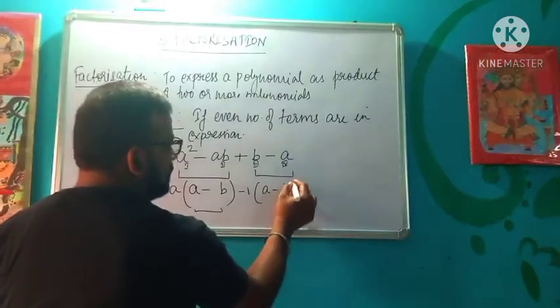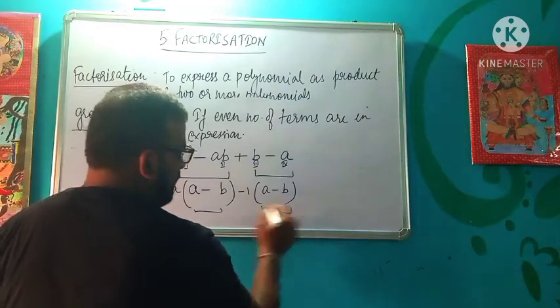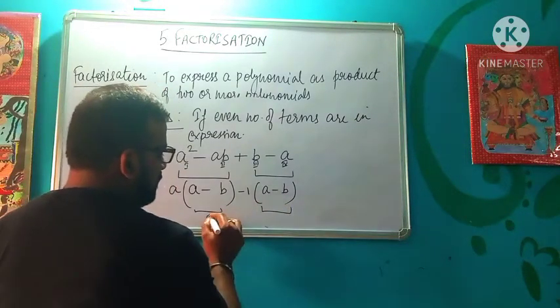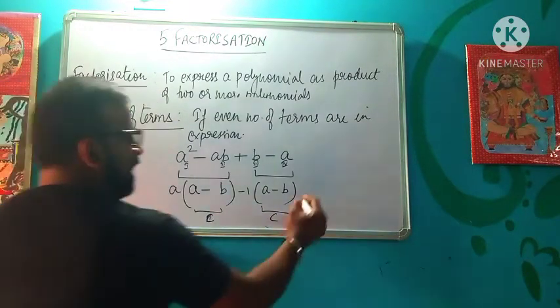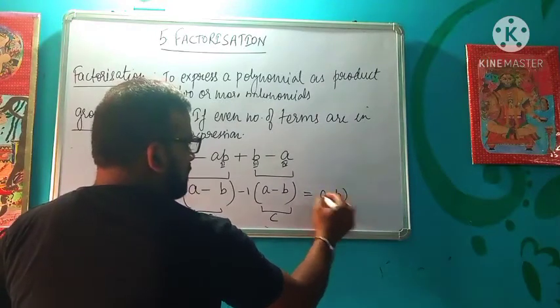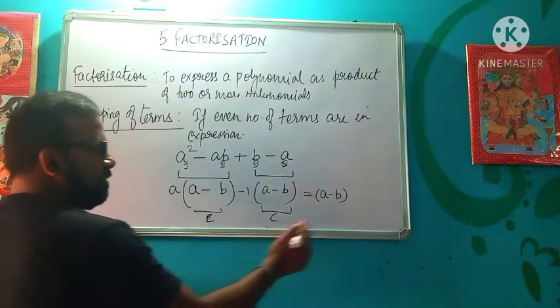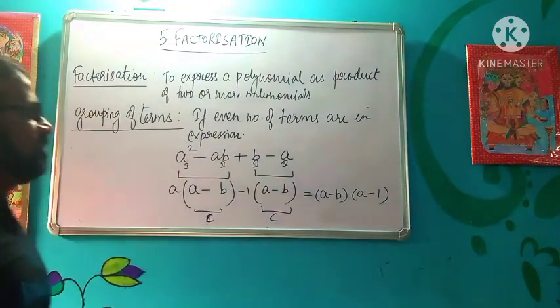It becomes minus 1 times a minus b. Now you can see again there is a common term. So again we apply the first method: a minus b will be the HCF of these two terms, and in the bracket I am left with a minus 1.